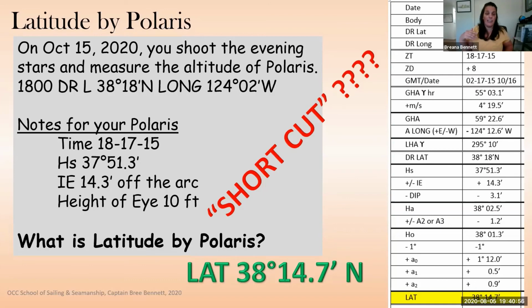So if you had 3 stars, but 2 of them turned out bad and you couldn't get a good line of position, you got 1 good star and a lat by Polaris, you still have 2 lines of position, which would be a better fix than just a DR or 1 line of position.